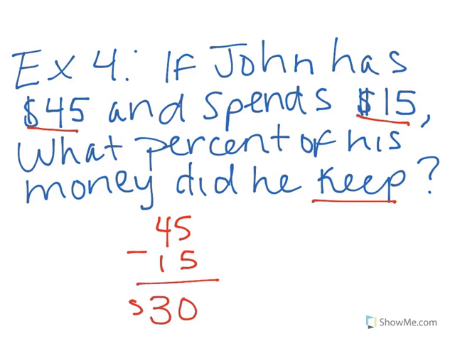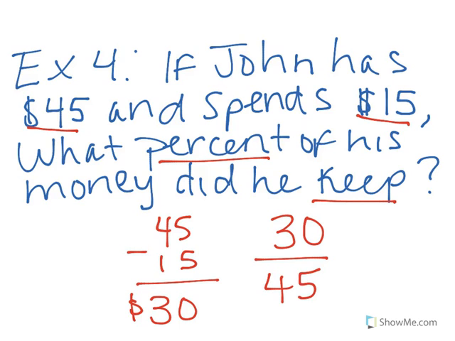He kept $30 out of the $45 that he had, and that's going to figure out our percent. I figured out how much he kept by subtracting the money he spent from the money he had, to get $30.